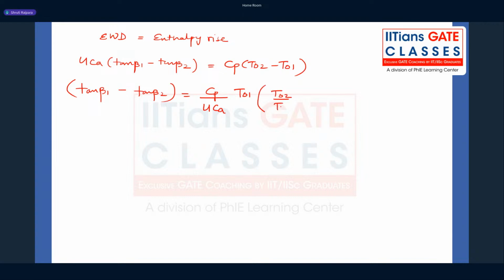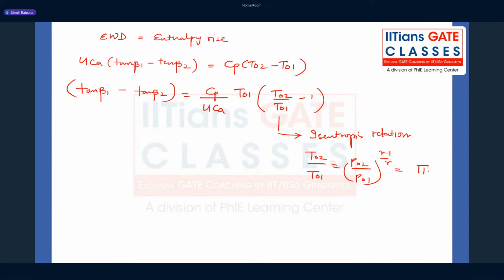Whereas this T02 by T01 ratio can be written in terms of the isentropic relation. So T02 by T01 can be written in terms of the pressure ratio, that is pi C raised to gamma minus 1 by gamma.